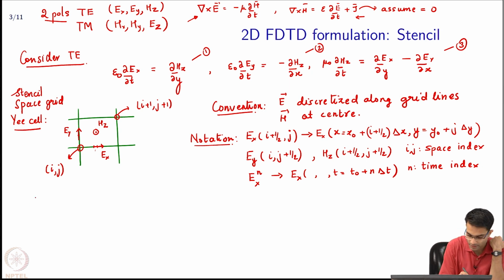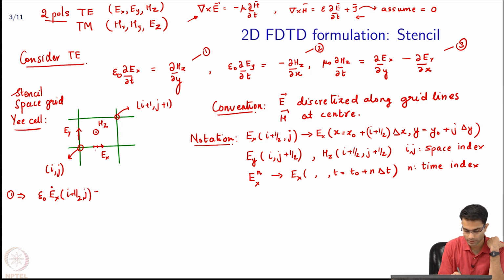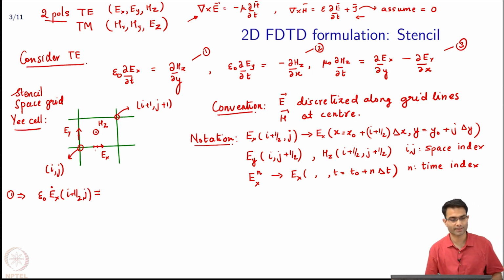For now we will just write this as epsilon naught Ex, we will put a dot on top to indicate time derivative. What coordinates in terms of i and j? i plus half, j is equal to, now we come to the H part.